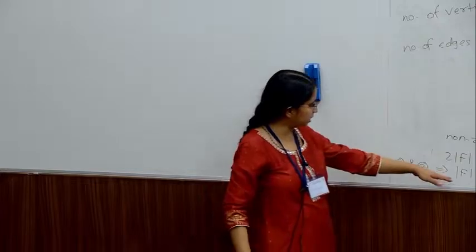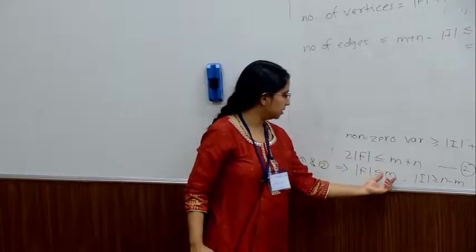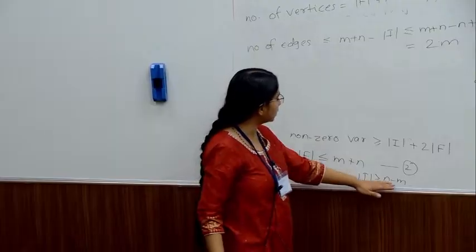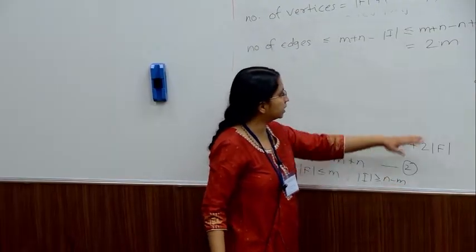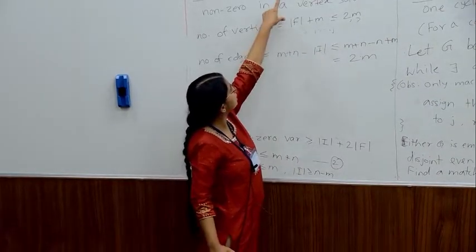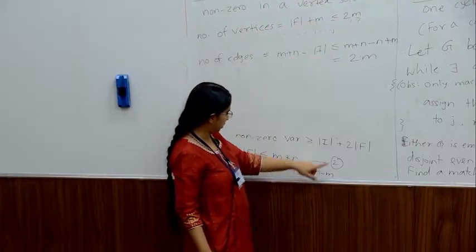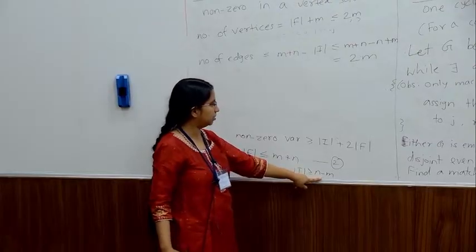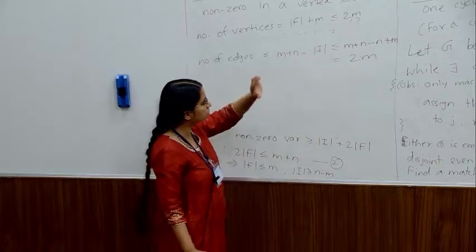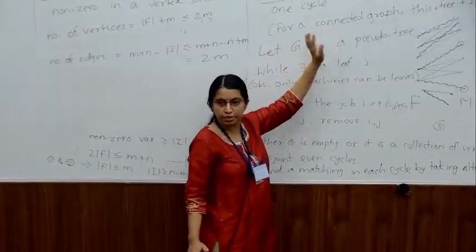So |F| is less than or equal to m, but |I| plus |F| is exactly n. So |I| has to be more than or equal to n minus m. Since we are removing integral jobs after assigning them, these many edges will be lost. The total number of edges can be only this much because these are the non-zero variables. So m plus n minus |I|, and because of this inequality, we have the number of edges at most 2m. So there are 2m vertices and at most 2m edges. So at least one requirement for a pseudo tree is satisfied.